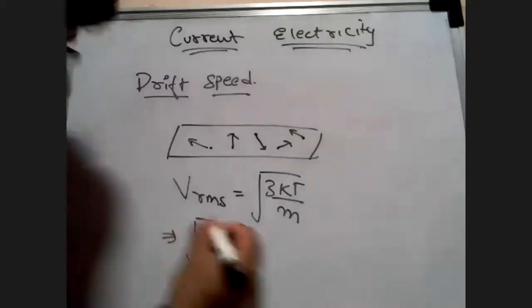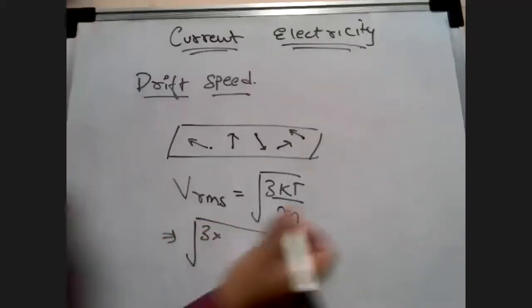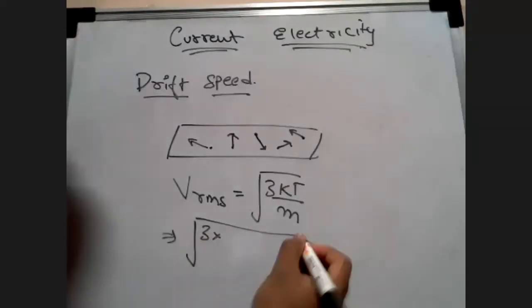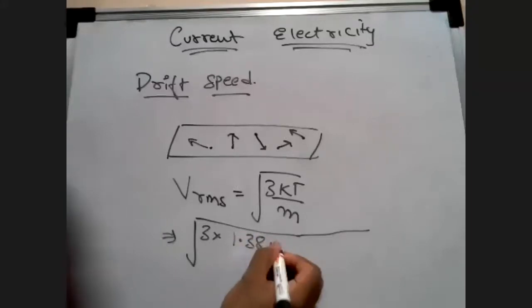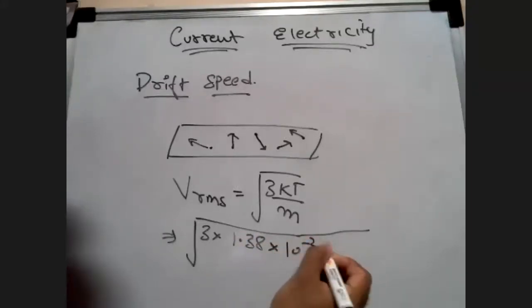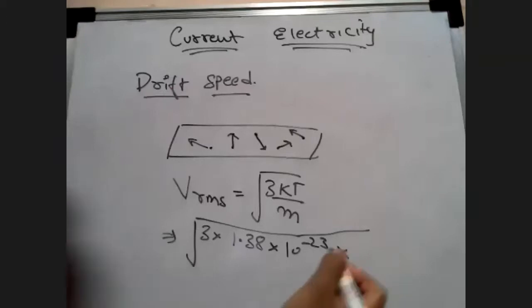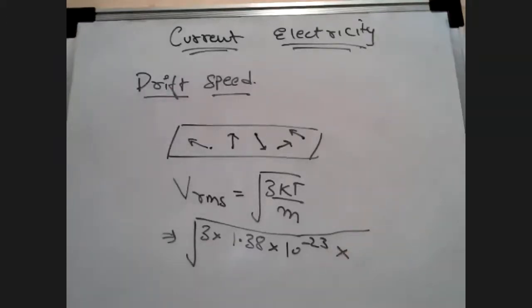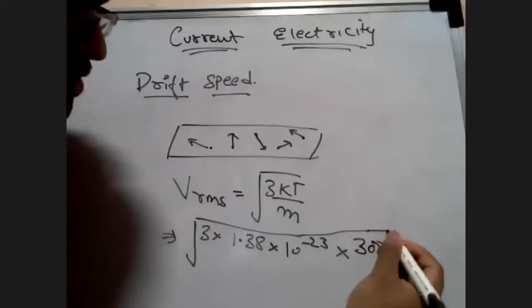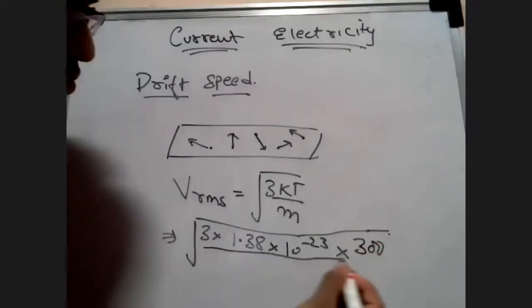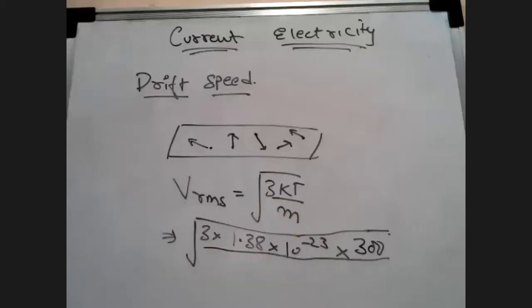It's going to be 3 into, what is the Boltzmann constant? Anyone remembers? No one remembers. 1.38 into 10 raised to minus 23. Temperature in Kelvin, tell me what is room temperature in Kelvin? 298 Kelvin. Take it as 300.